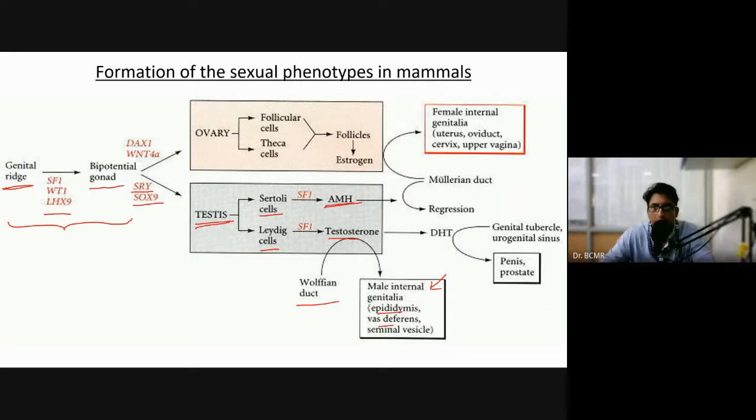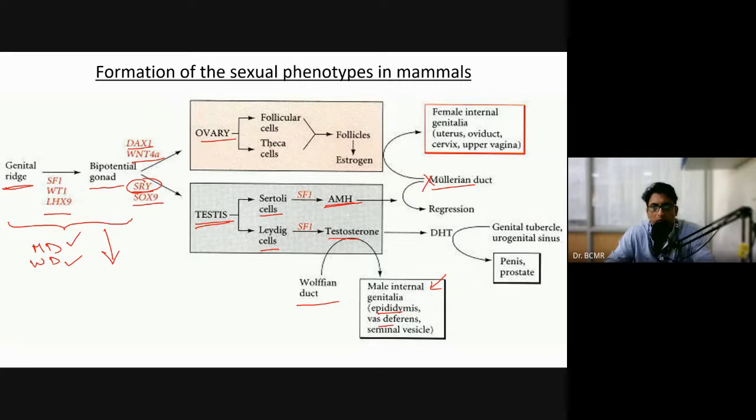And the anti-Mullerian hormone is going to make the Mullerian duct regress, in the sense that it will degenerate within the males. So they are not there. Until here, you have both the Mullerian duct and the Wolffian duct. In females the Mullerian duct will develop, and in males the Wolffian duct will develop, and the other ones will degenerate.